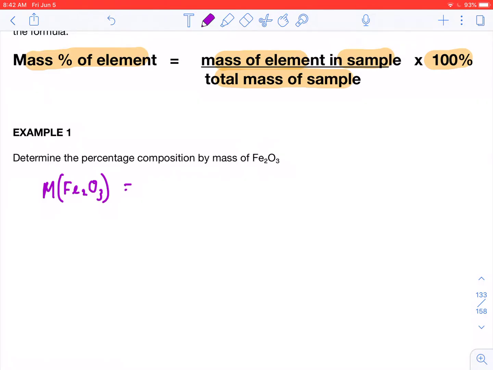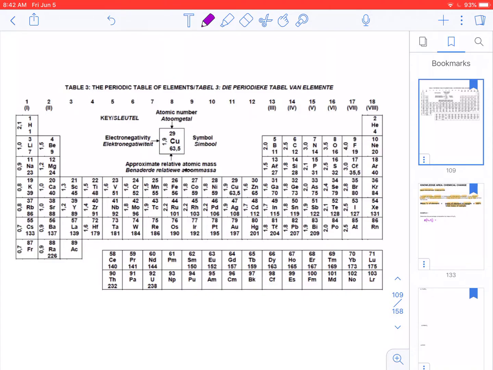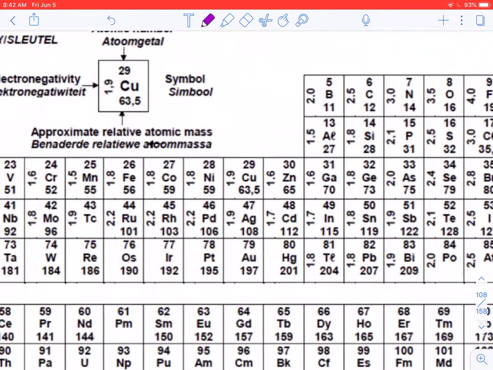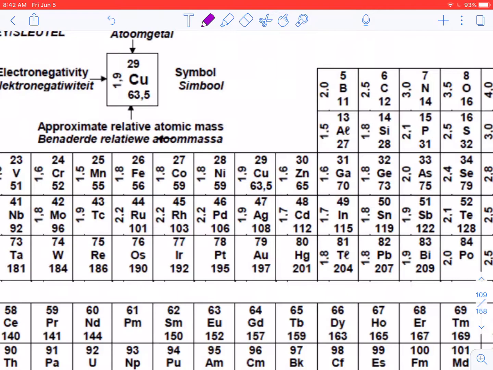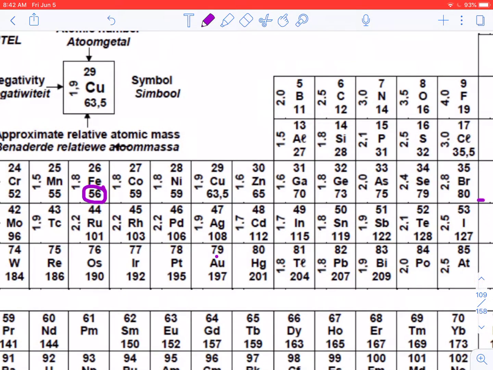For iron, we find that its mass is 56. Oxygen, we know its mass is 16.